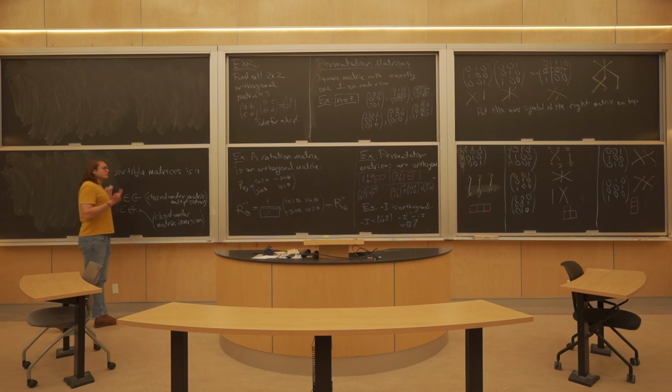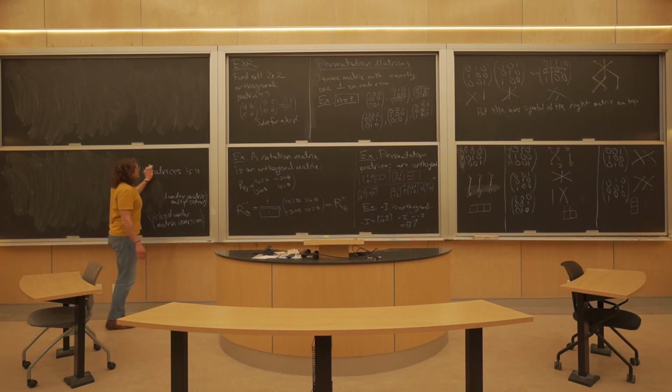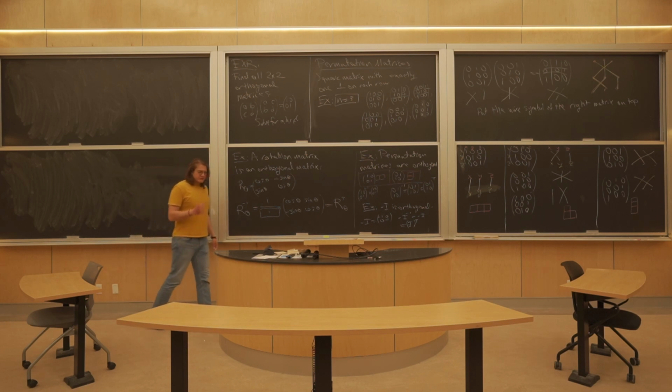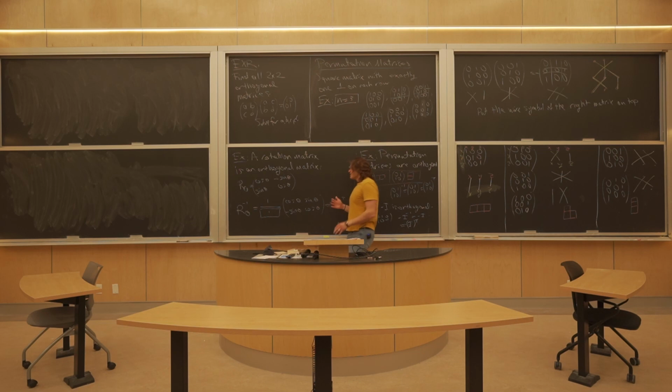Now I'm going to add one more piece of information, okay? Recall that we had discussed how in 2 dimensions, when we're talking about rotations, the traditional thing is to go counterclockwise.